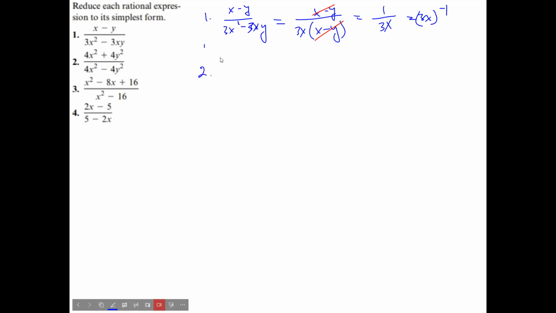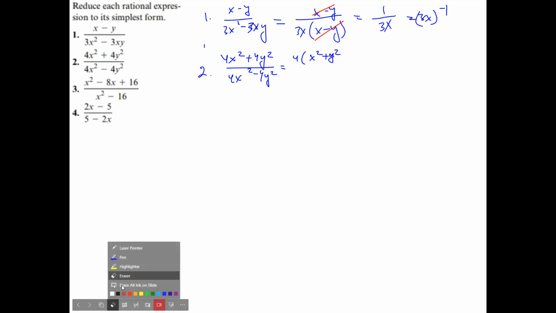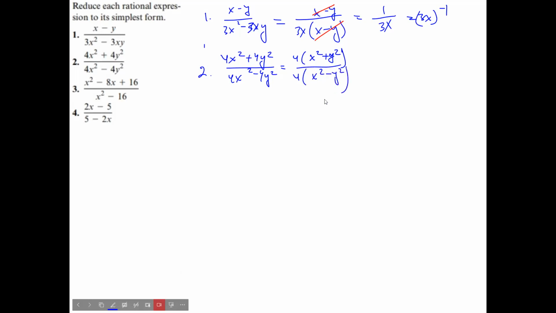So second, okay. What I see here, 4 and 4, and I can use the formula at the bottom, but it's not going to change anything for me.